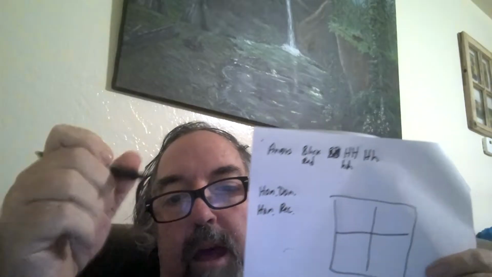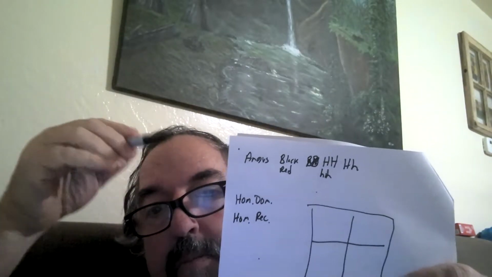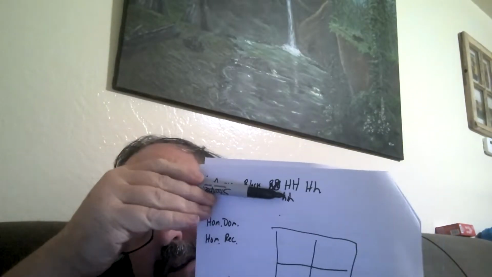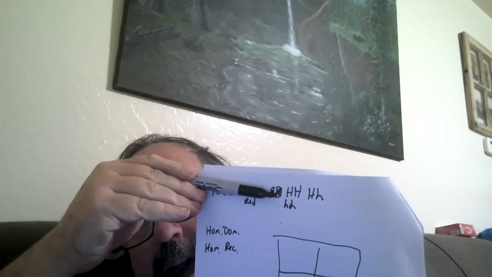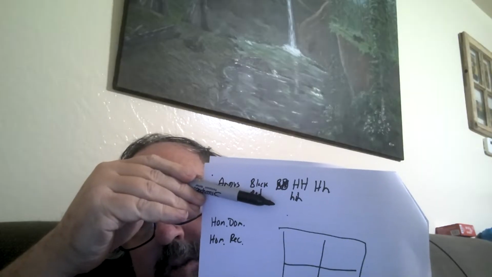So what if we cross a homozygous dominant cow with a homozygous recessive bull? So we have a big H cow and a little h bull.